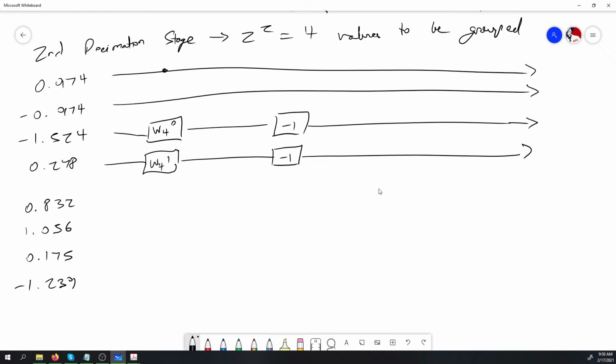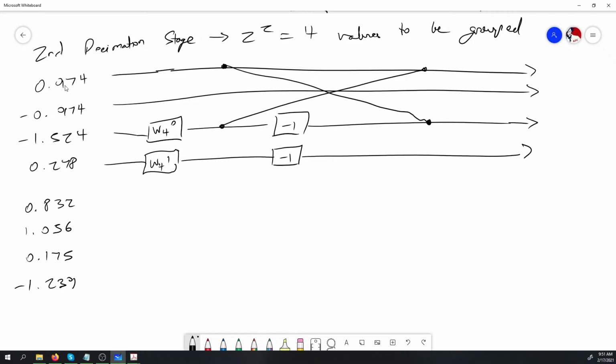Oops, I'm putting the cross point at the wrong part in the diagram. So we put our cross point here for our first value that doesn't have any twiddle factors or negative ones associated, and we match this to the first instance of the values that does have a twiddle factor and negative 1 associated. And then we need to draw the next half of the butterfly accordingly. Then we can calculate our values using these 2 values for the output of the second decimation stage.